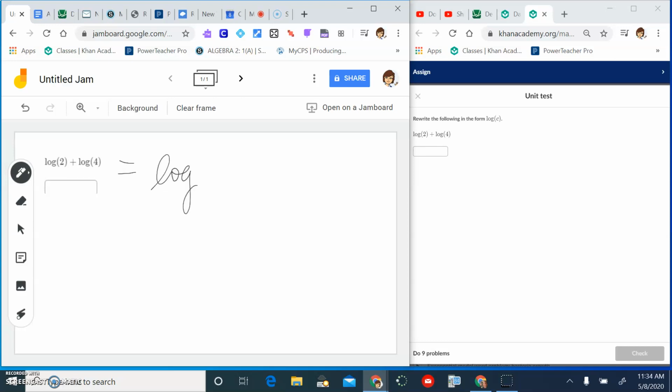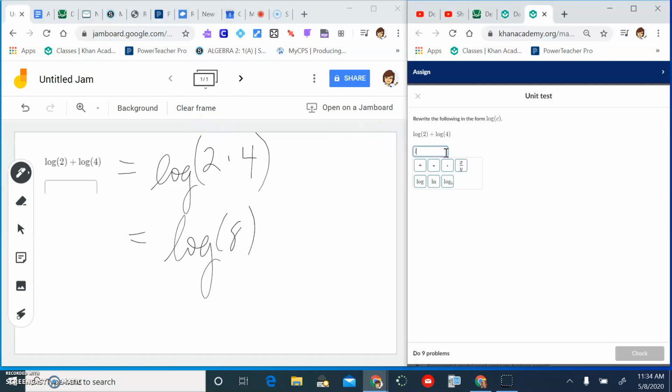So this is log of 2 times 4. And what is 2 times 4 equal? 8. So this is just log of 8. Boom. Next.